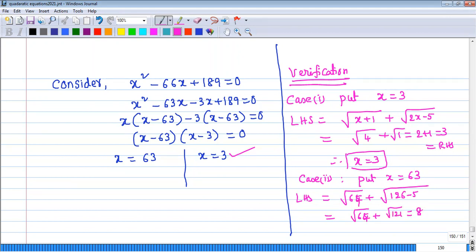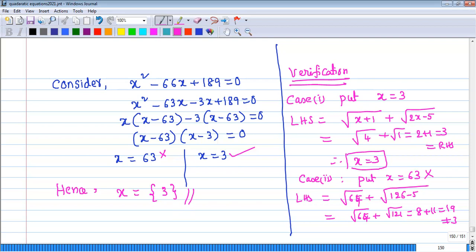This is 8 plus 11, which is 19. But 19 does not equal 3. This will not satisfy. So hence x is equal to 3 is the only solution, only one solution. This is the answer.